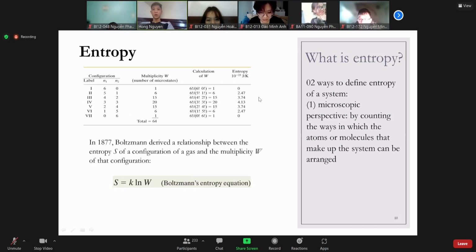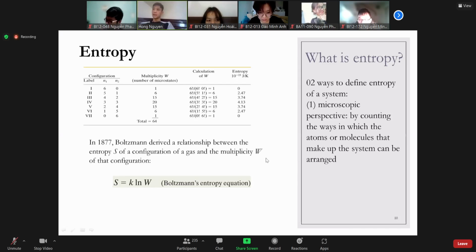If the configuration has the highest entropy, we know that this configuration will be taken the most for this system. So the entropy can be used to define the way the state of the system will go, just by looking at the value of entropy.